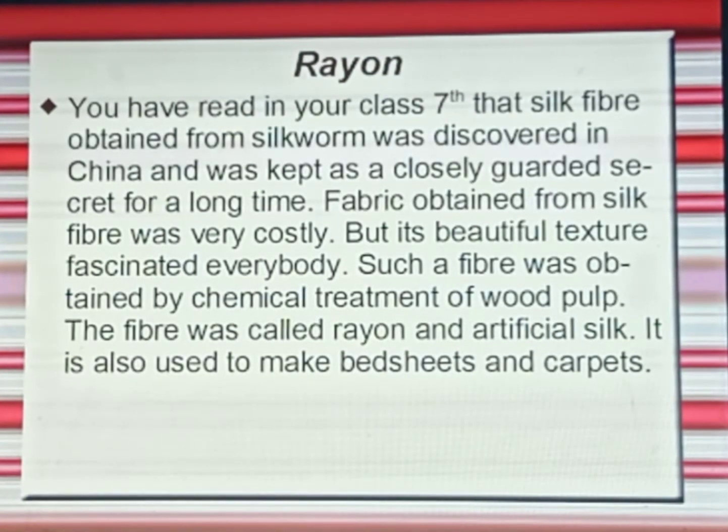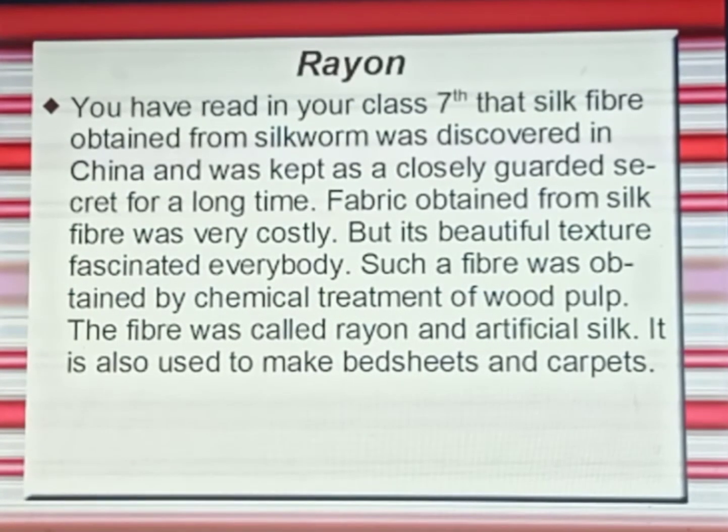Rayon. You have read in class 7th that silk fiber was obtained from the silkworm and was discovered in China, and was kept as a closely guarded secret for a long time. Fabric obtained from silk fiber was very costly, but its beautiful texture fascinated everybody.